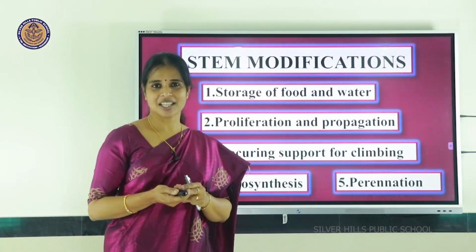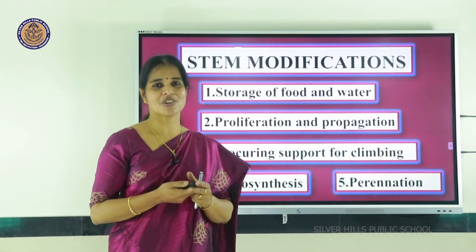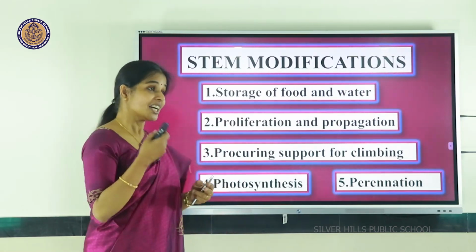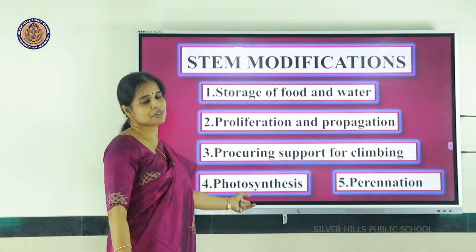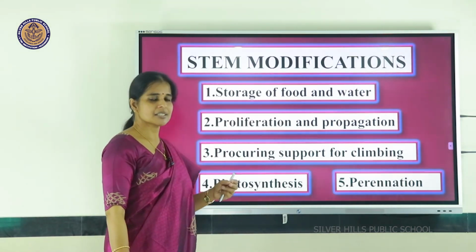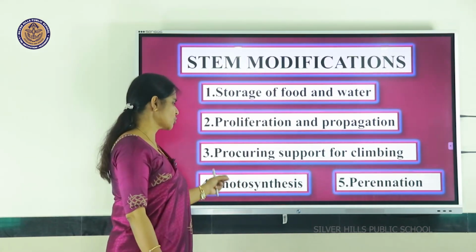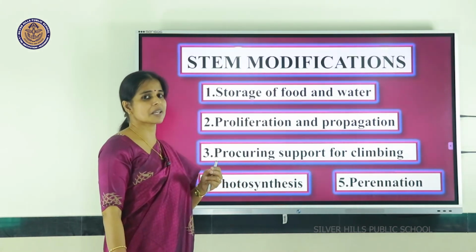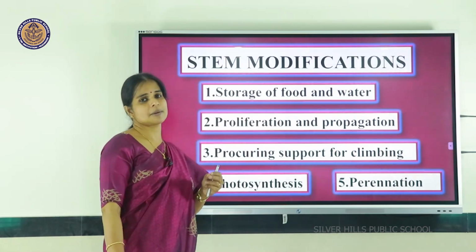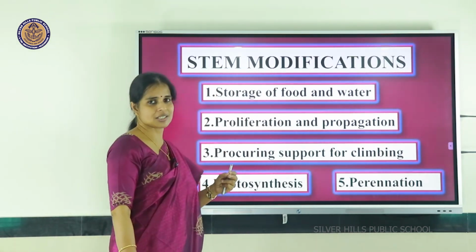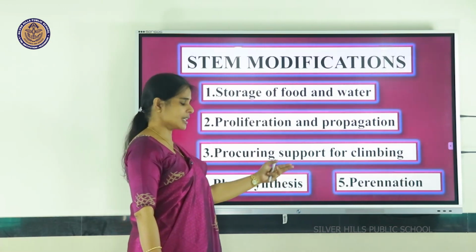We never heard about that. We generally from the lower classes onwards, we have learned or we have heard that photosynthesis is performed by the leaves. But in some plants, the photosynthesis process is conducted by the stem also. For that, the stem may undergo certain modifications. That also we have to learn in the coming slides.